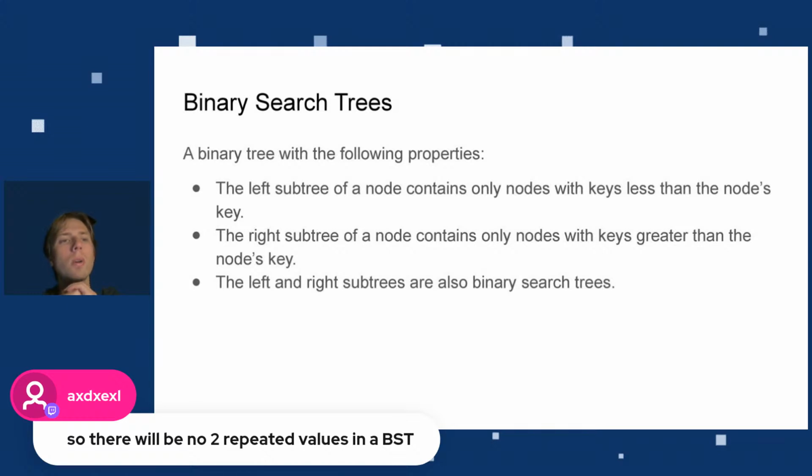So are we ever allowed to have a case where the subtree contains a node that's equal to? It doesn't say, right? It doesn't say the left subtree contains nodes with keys less than or equal to. So for that reason, we could never have two duplicate values. They would all need to be unique.